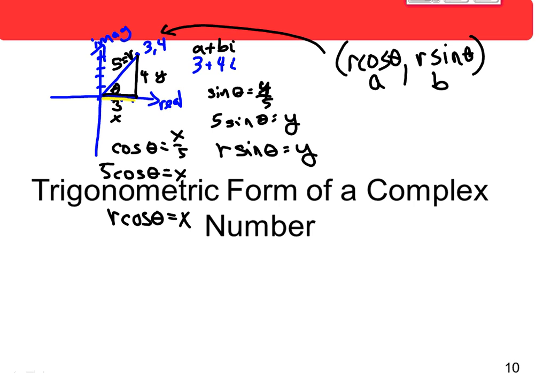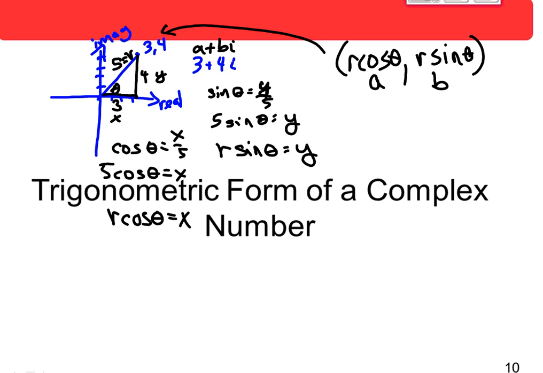Then along the x-axis, we're going 3. In the y, we're going 4. Remember, we can get that 5 as the square root of 3 squared plus 4 squared. I picked an easy 3, 4, 5 triangle, so that's the square root of 9 plus 16, square root of 25, which is 5. And so that's that r that we've had before.